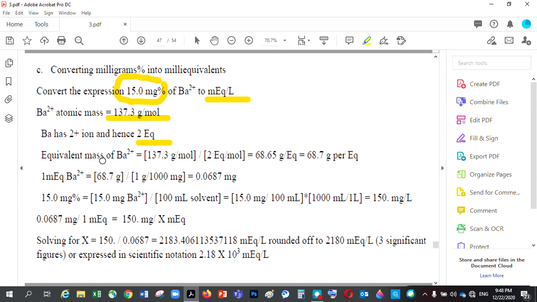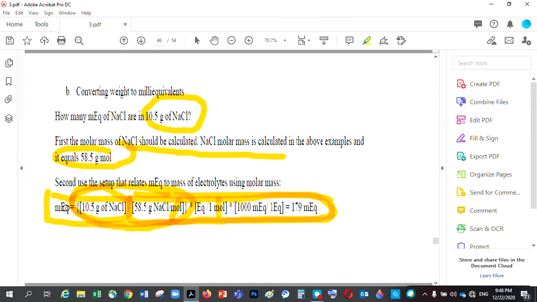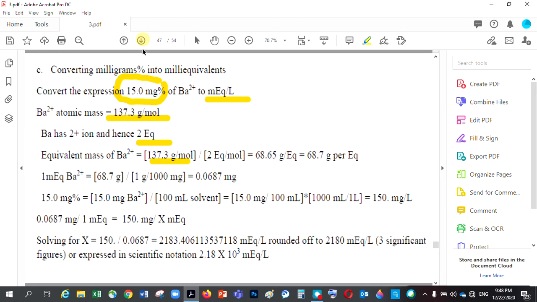So the equivalent mass of barium is the atomic mass divided by 2, the same thing we did before. Here we took the mass divided by the molar mass, and here we take the molar mass and divide it by how many equivalents of barium, 2.